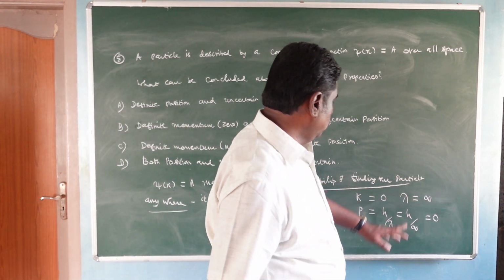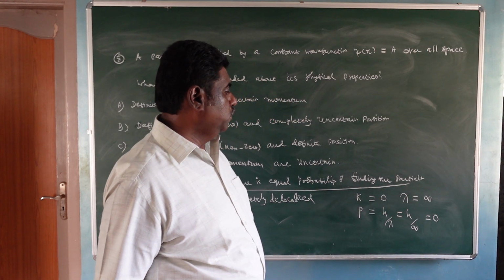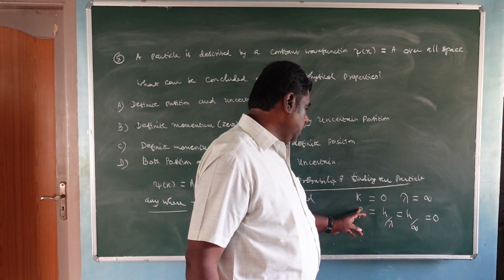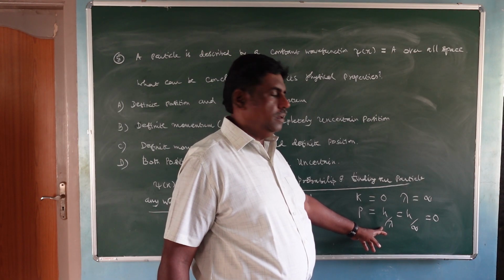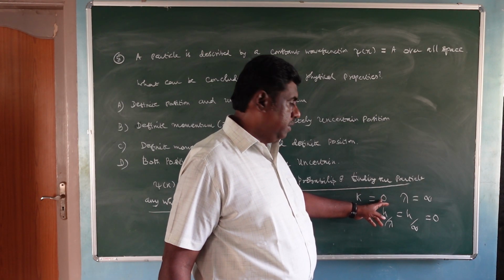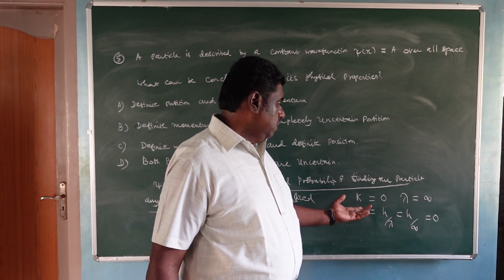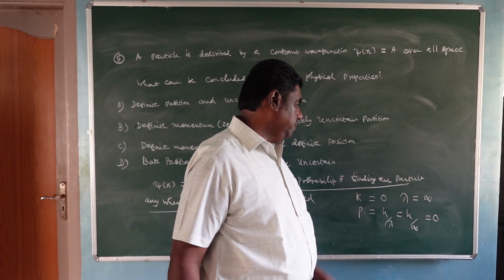If k equal to 0, automatically lambda is infinity, because lambda equal to h by p, p equal to h cross k. If k is 0, then momentum is automatically 0. Momentum is 0, anything by 0 is infinity, lambda is infinity.